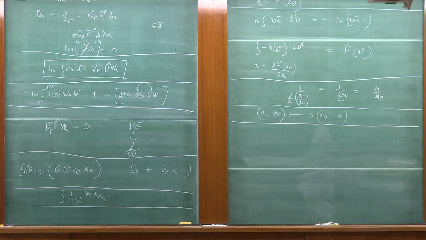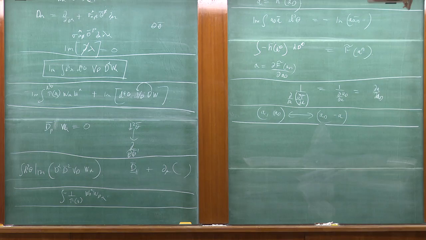If you go back to your notes, you will realize that in 4 dimensions, the central extension happened when we took Q with Q, or Q bar with Q bar. They're complex conjugates of each other.